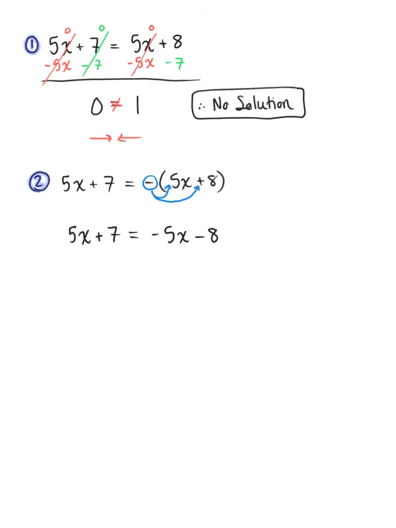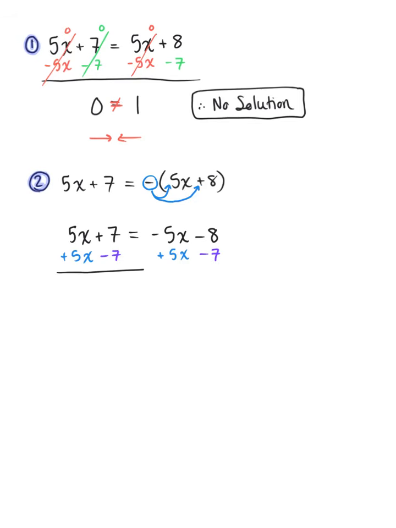Now again, just like with case 1, we want to bring all of the variables to one side, all of the constants to the other side. So I'm going to bring all of the variables to the left-hand side. So I'm adding 5x to both sides of this equation. And I'm going to bring all of the constants to the right-hand side. So I'll subtract 7 from both sides of this equation.